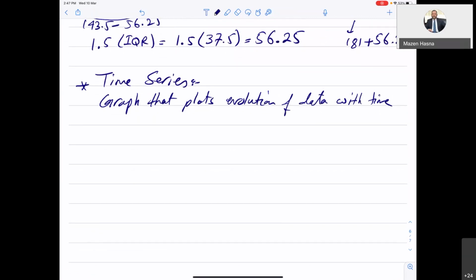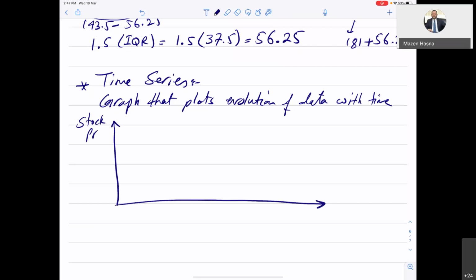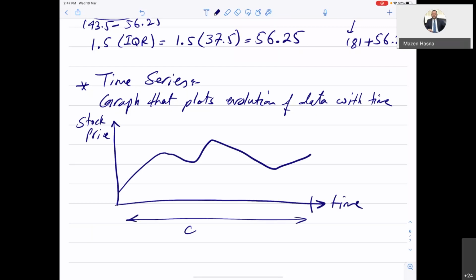Like in the stock market, like stock prices, for example. You can do it in one day. This is always time in the time series. This can be one day or one week or even years.